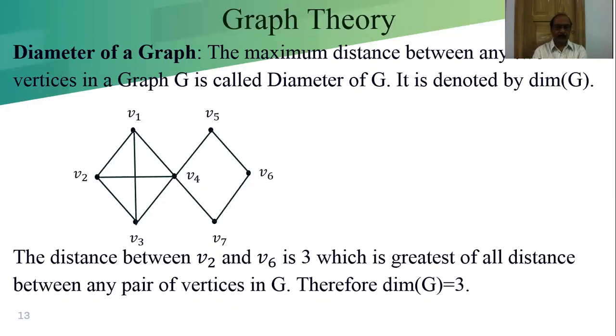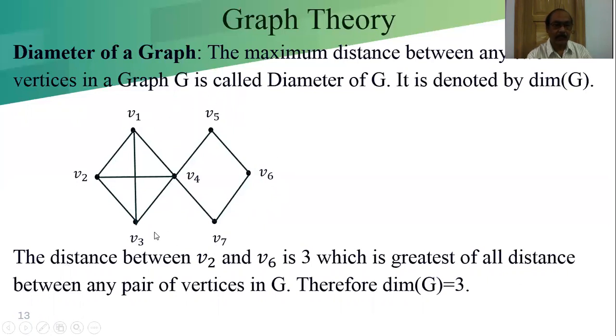We will get 7C2 pairs of vertices here. That means we have to find the distance between them. How many distances will we get considering pairwise two vertices: V2, V5, V2, V1, V2, V3, V2, V4, V2, V6, V2, V7, like that.